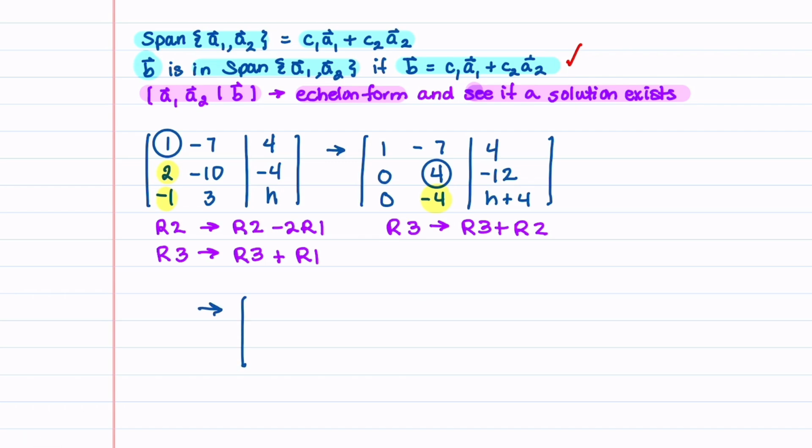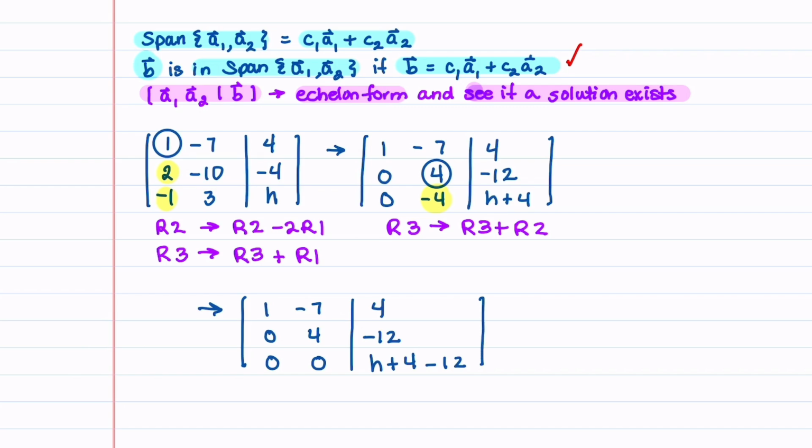Here's what we're going to get. Our first two rows are going to stay the same. And we add our second row to our third row, so we pick up a 0, and then we have an h plus 4 minus 12.